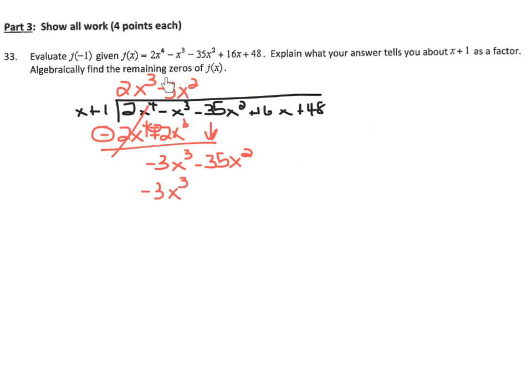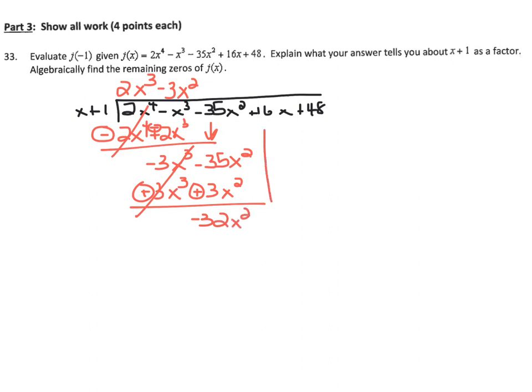And then negative 3x squared times 1 is negative 3x squared. We're going to change the sign and circle. So again, the first two terms will always cancel off, as long as you're on the right track. And then when you combine these, you get negative 32x squared.